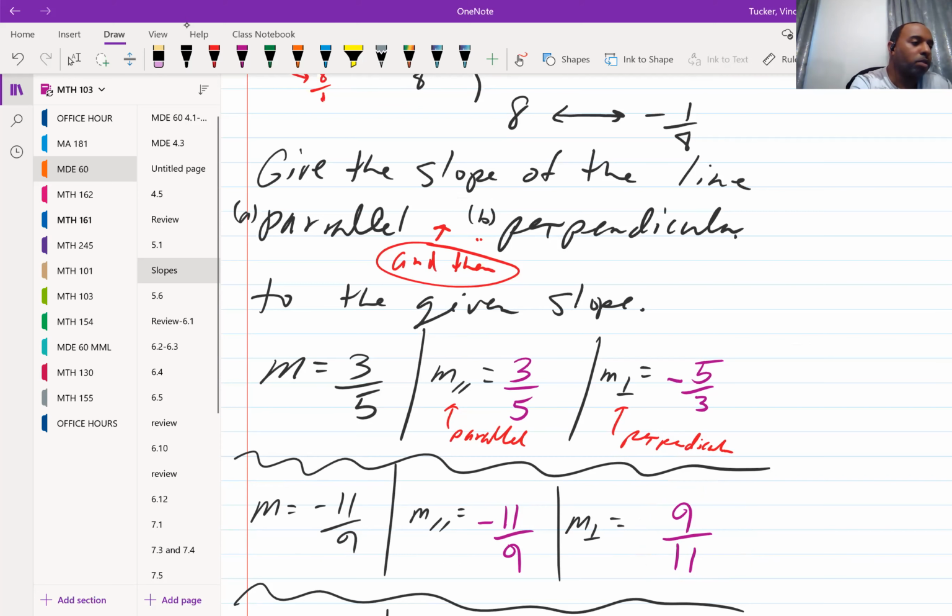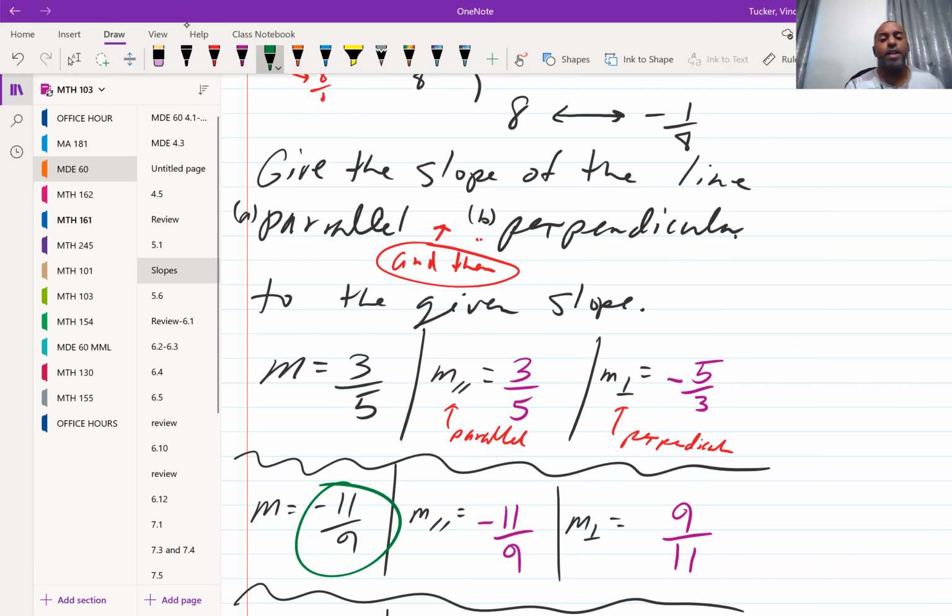Questions? So yeah, I got a question. Why, on the -11, when you're flipping it, -11/9, how come you don't go -9/11? You have to use the opposite sign.